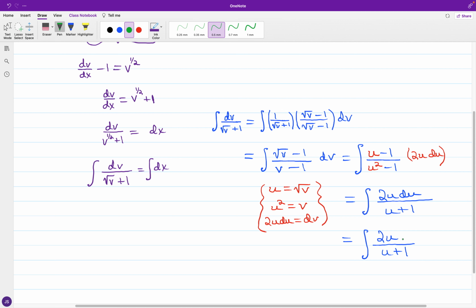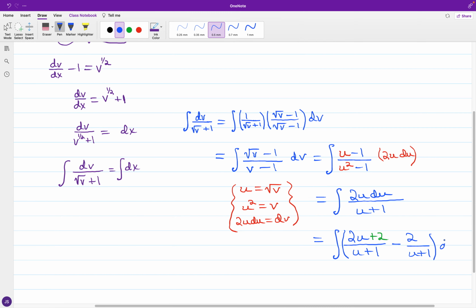So if I were to provide a bit of separation, you have like 2u plus 2, and I have minus 2 over u plus 1, quantity du. Well, guess what? In terms of simplifying, 2u plus 2 minus 2 goes back to 2u, and you have all over u plus 1. Now for 2u plus 2 over u plus 1, we have 2, we have minus 2 over u plus 1.